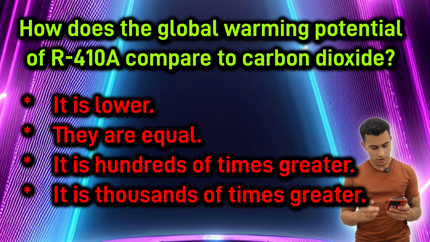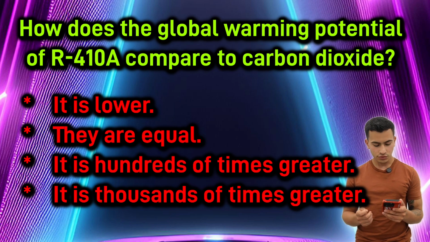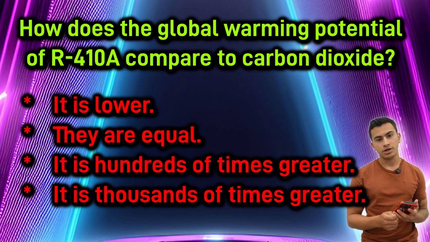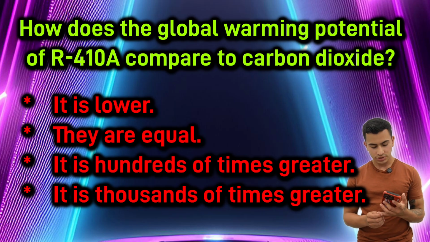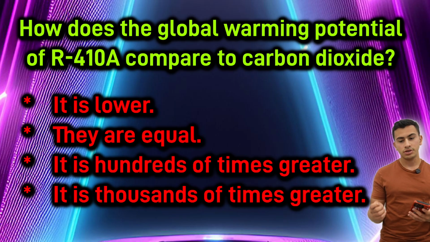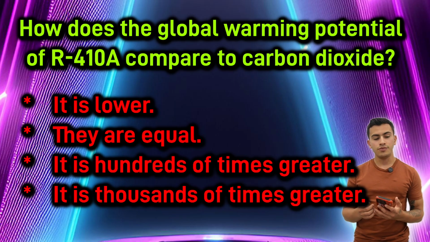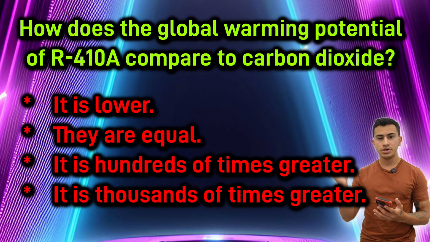Question number 2. How does global warming potential of R410A compare to carbon dioxide? Now, it's asking you for a comparison. Of course, this will be in the EPA book that you will be getting, and if you don't have it, I'll put it up on the screen.